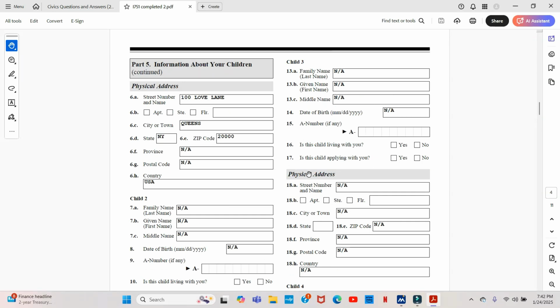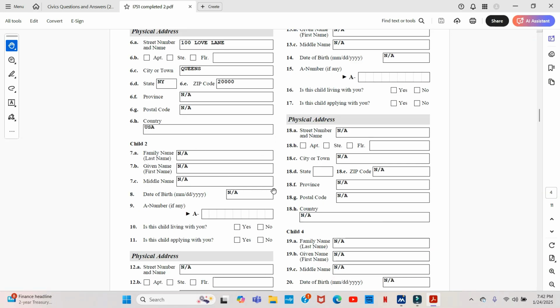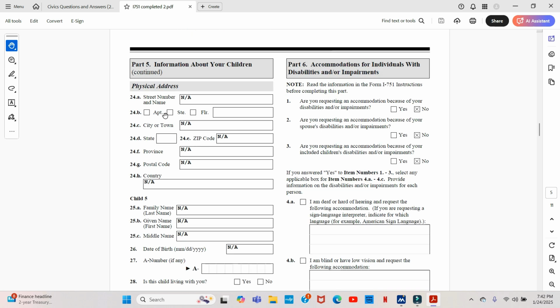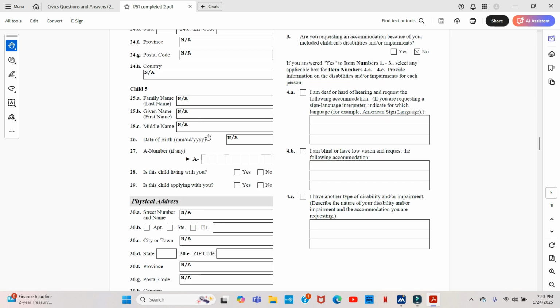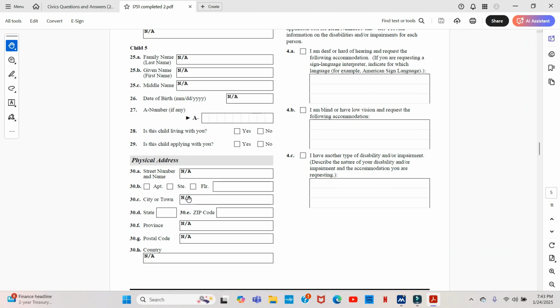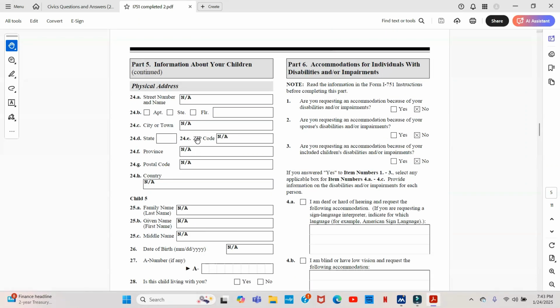So all this section here in Part 5 is for you to provide information on your children. Since this applicant has only one child, then we put NA in all the sections that are not applicable.